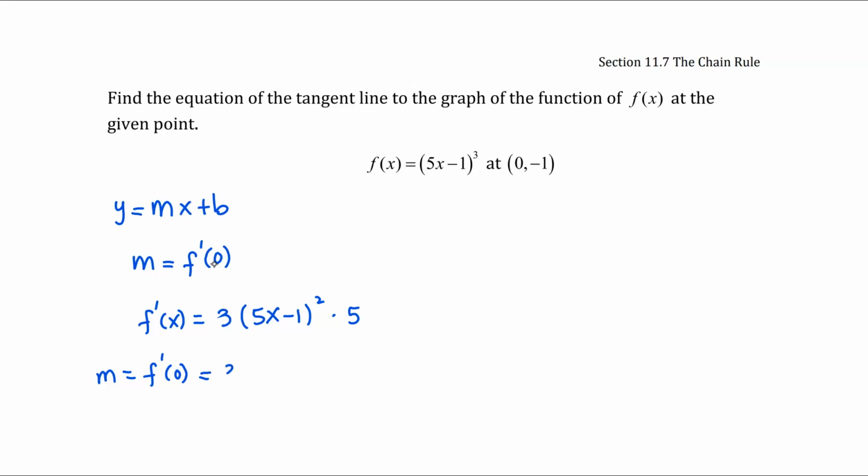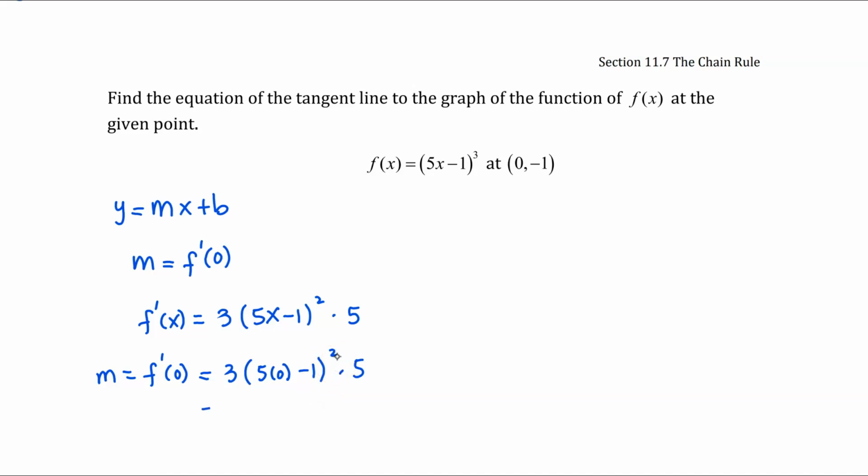This is equal to 3 times (5 times 0 minus 1) squared times 5. Now, 5 times 0 is 0, minus 1 is negative 1, and then you square it. That's equal to 1.